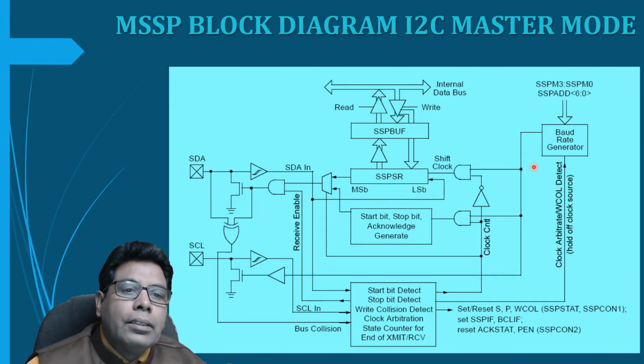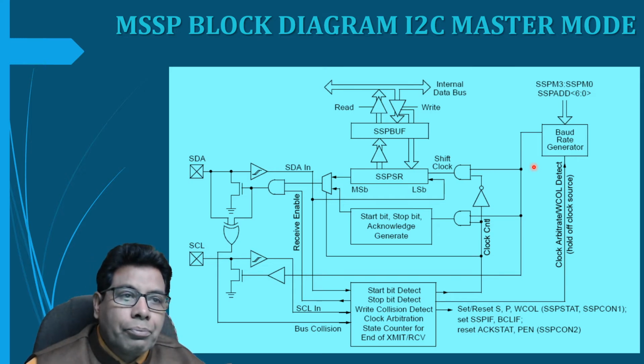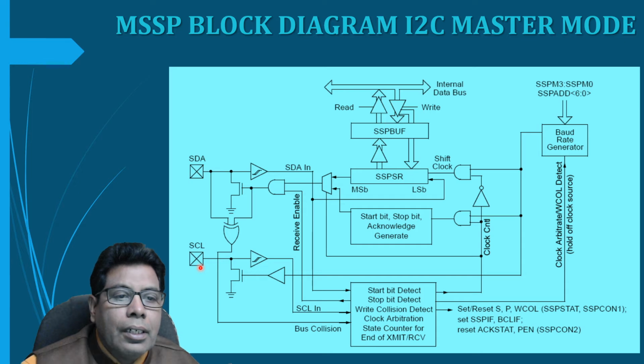Then let us see the block diagram of I2C master in MSSP. So here we have these 2 lines, SDA and SCL. These are the 2 lines, serial data and serial clock. And then we have these 2 registers shown here.